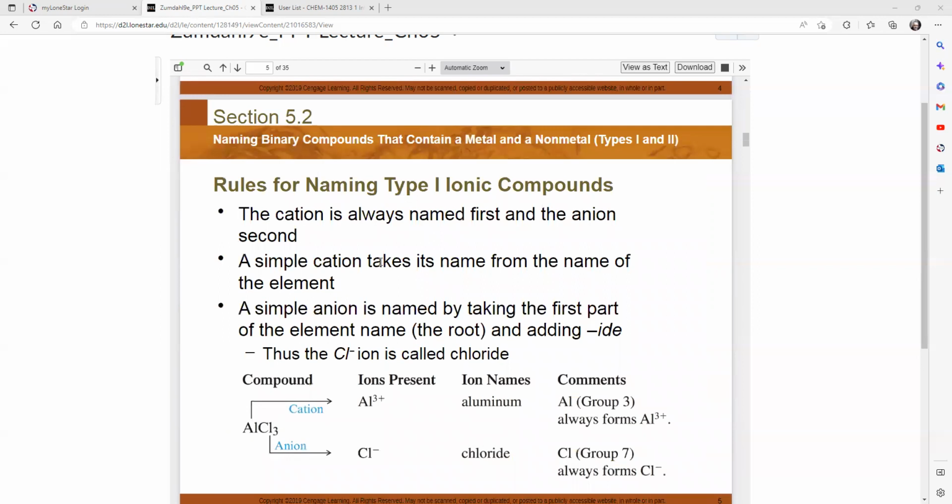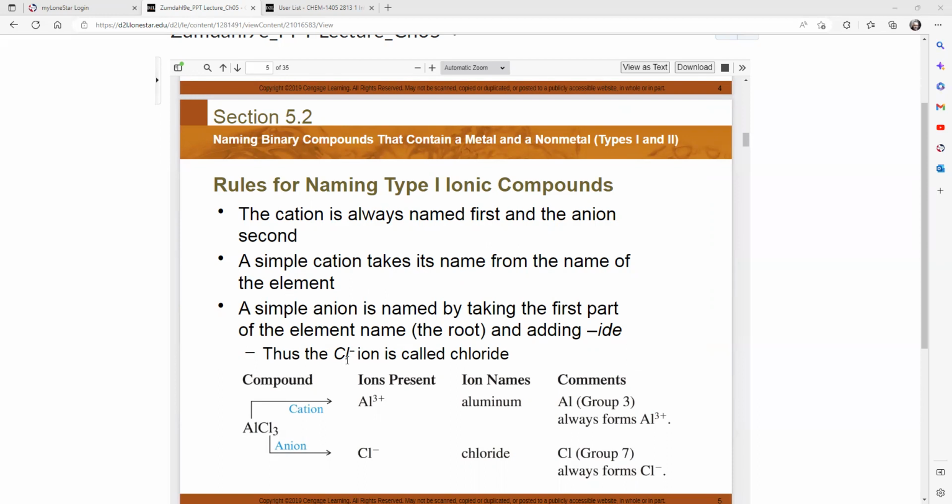Let's see how to name a compound from the group 1 of the ionic compounds. The cation is always named first, and the anion second. A simple cation takes its name from the name of the element, and the simple anion is named by taking the first part of the element name, the root, and adding ide.